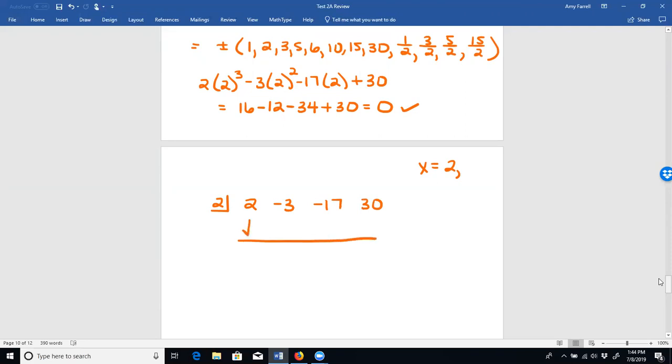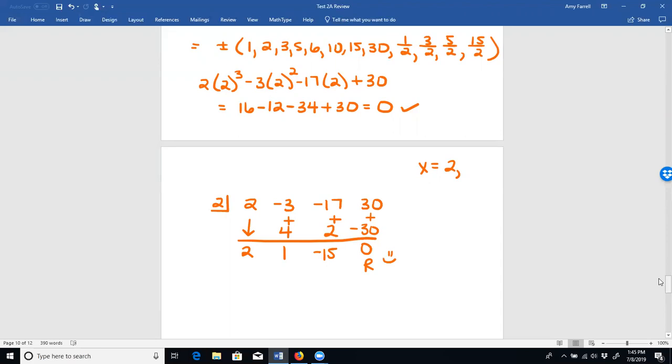Drop down the 2, multiply times the number in the box, add down, multiply times the number in the box, add down, multiply times the number in the box, add down. I get a remainder of 0, which makes me happy.